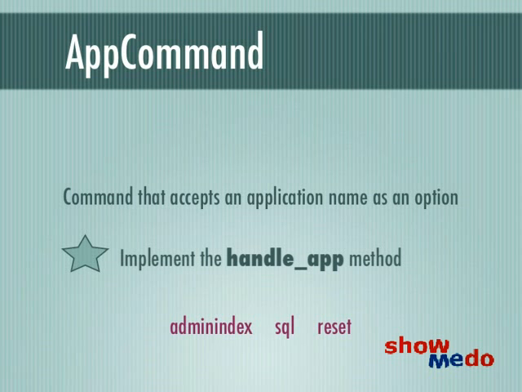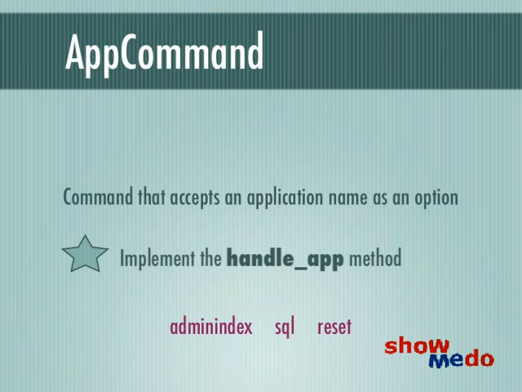Some examples of commands that use this within Django are admin index, sql, and I'm talking about all the variants of the sql command, like sqlreset, sqlindexes, and so forth. And then also reset, which I use quite frequently.